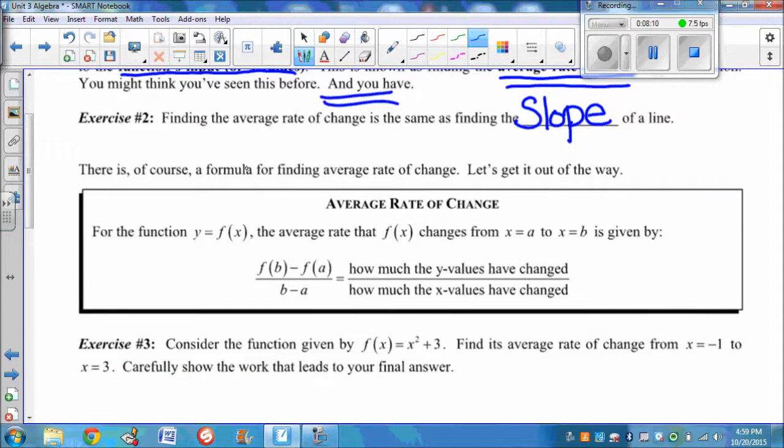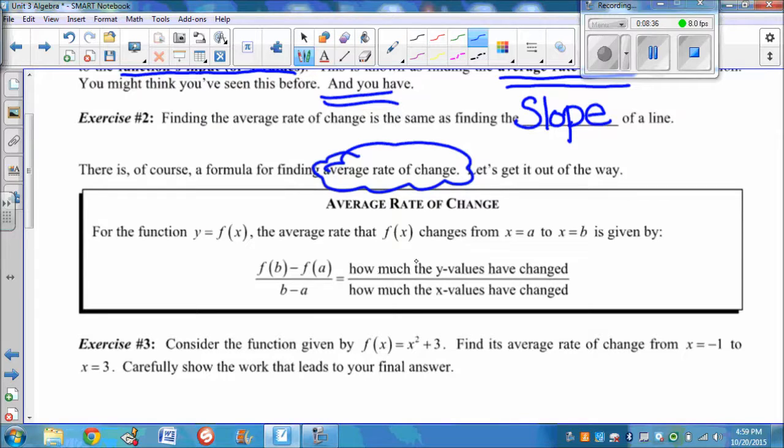There is, of course, a formula for finding that average rate of change, and it is right here. So it says, for the function y equals f of x, the average rate that f of x changes from some value of x, being a, to some value of x, being b, we would say f of b minus f of a.